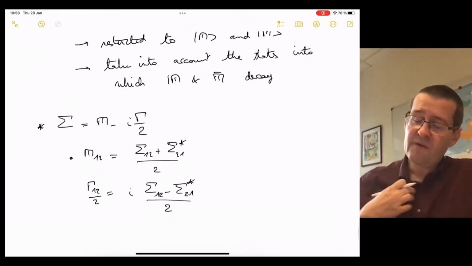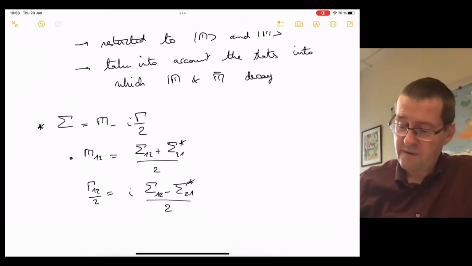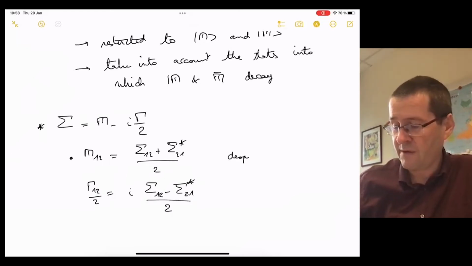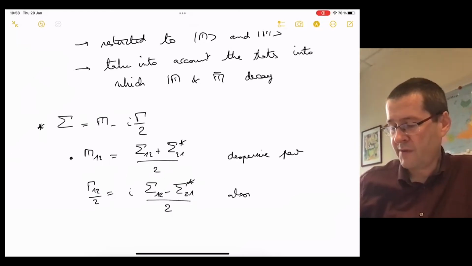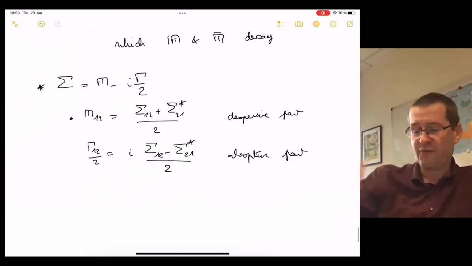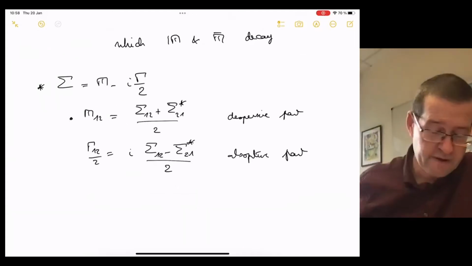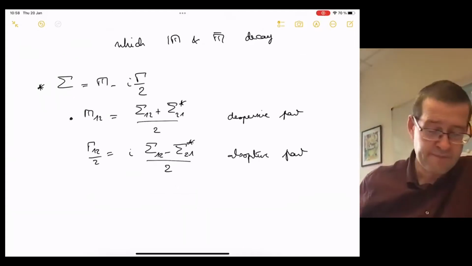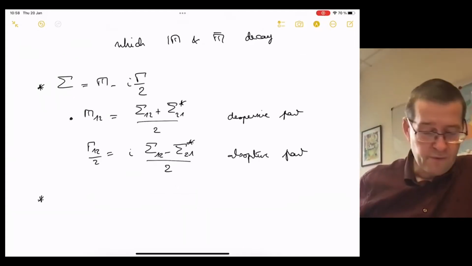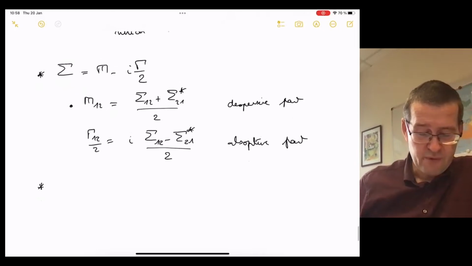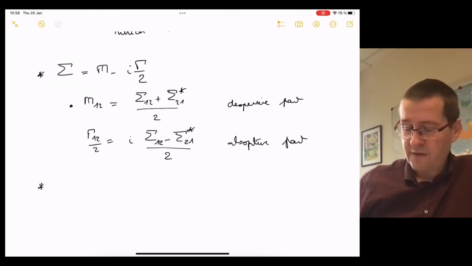You can separate the real and imaginary part, or in other words, what is called dispersive part and absorptive part. The idea being that through the gammas you're actually evading from the two component system that you wrote.